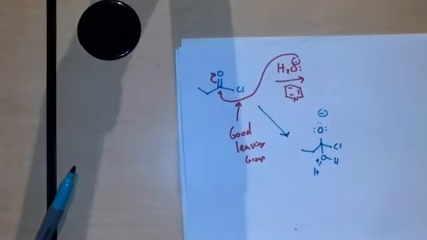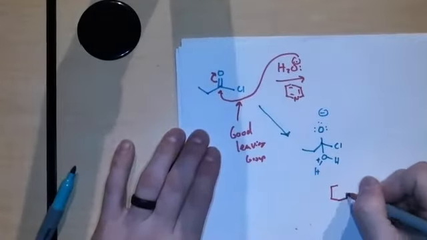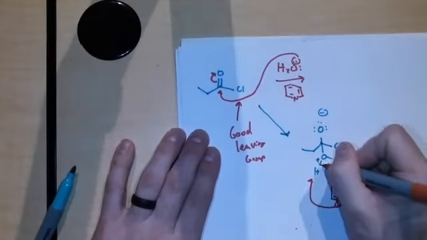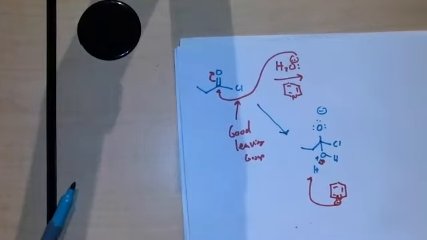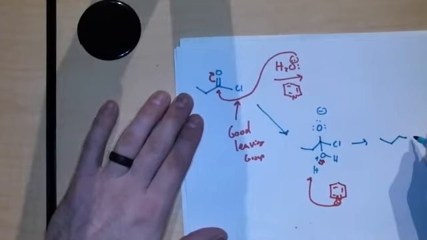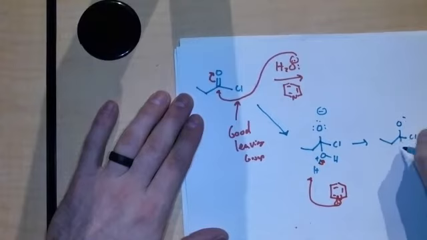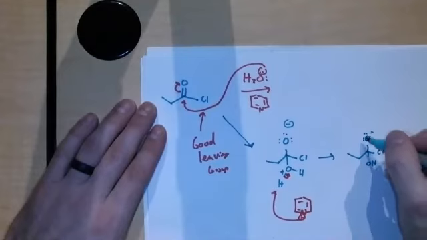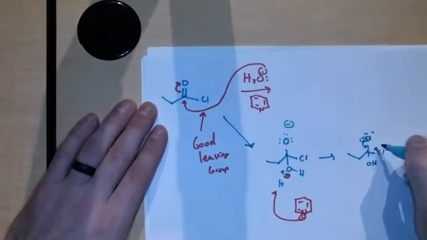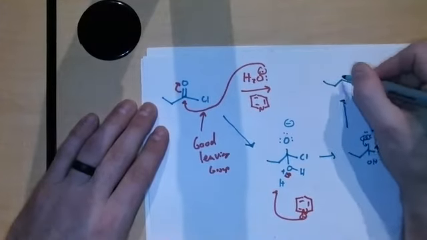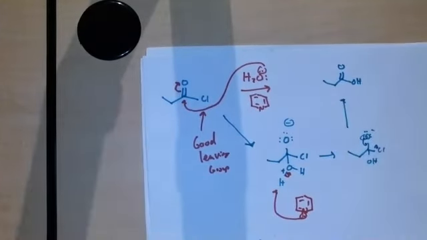Our pyridine can grab one of these protons off the water. And then we can kick out Cl, to get us back to a carboxylic acid.